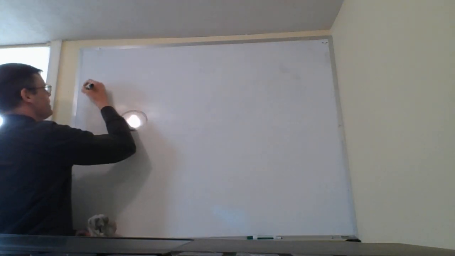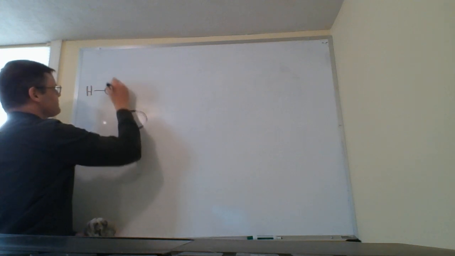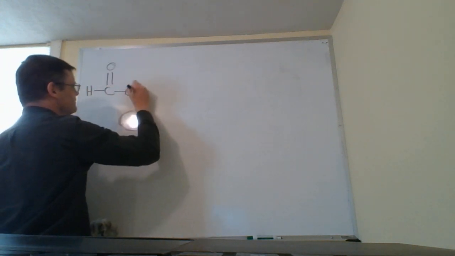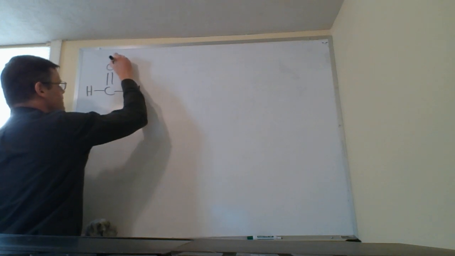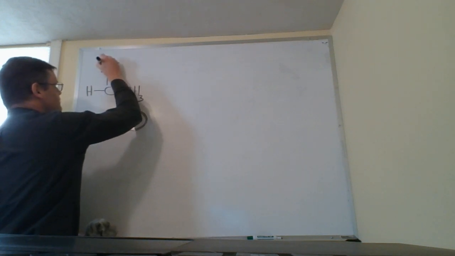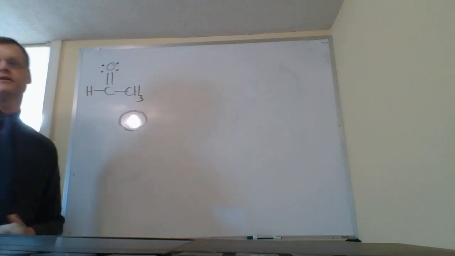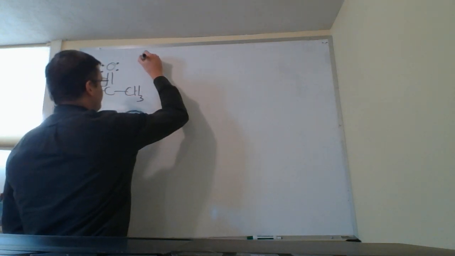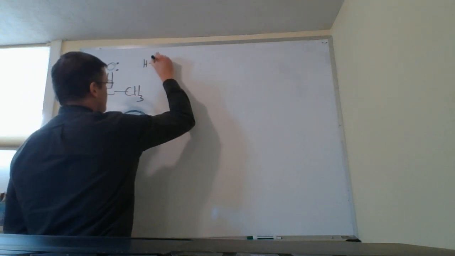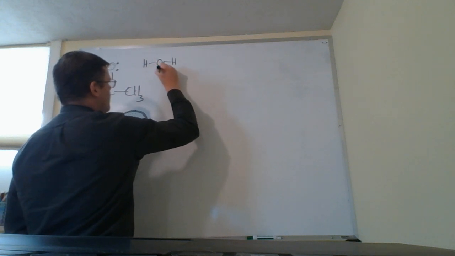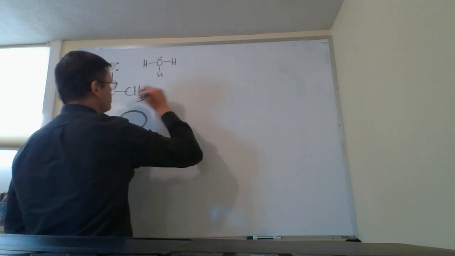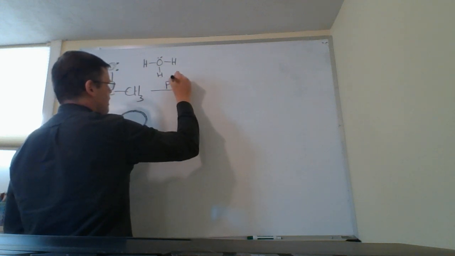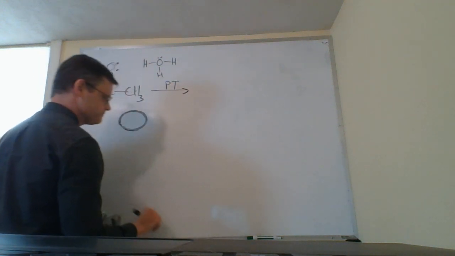Okay, so let's look at the mechanism of this reaction. In the base catalyzed version, the enolate was acting as our nucleophile. In the acid catalyzed version, an enol is going to act as a nucleophile. Our first step here is going to be a proton transfer.